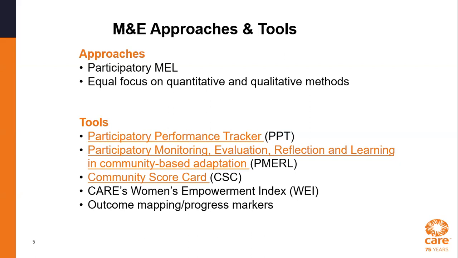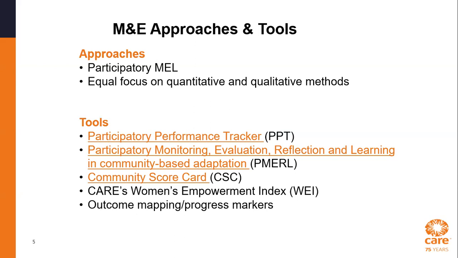The community scorecard is yet another participatory tool that brings service users, that's the local people, together in groups to decide what they want to get from a particular service. They also score how well that service is being delivered and negotiate with service providers to address problems and make improvements.